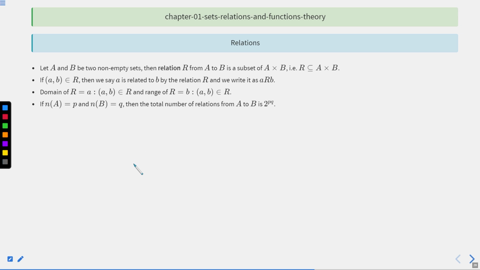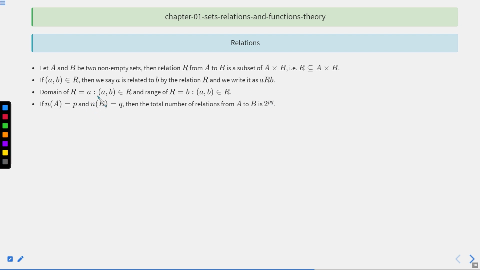Now let's come to relation. What is a relation? Let A and B be two non-empty sets, then a relation R from A to B is a subset of A cross B. That is, R is a subset or equal to A cross B. If (a, b) belongs to R, then we say that a is related to b by some relation R, and we write a R b, which means a is related to b by a certain relation.